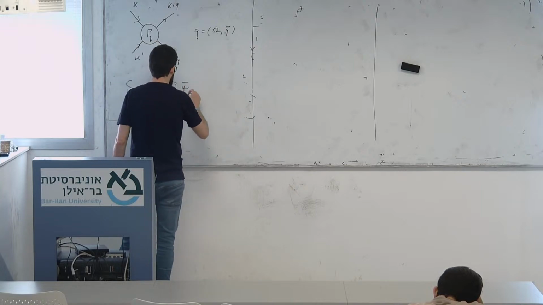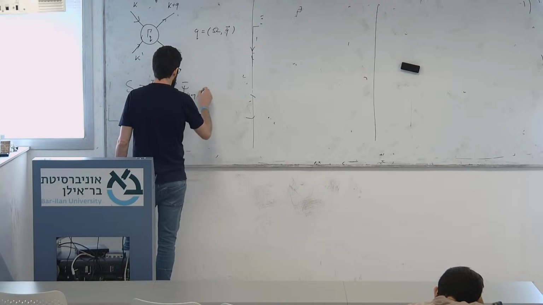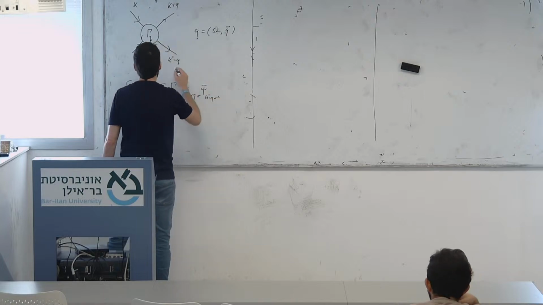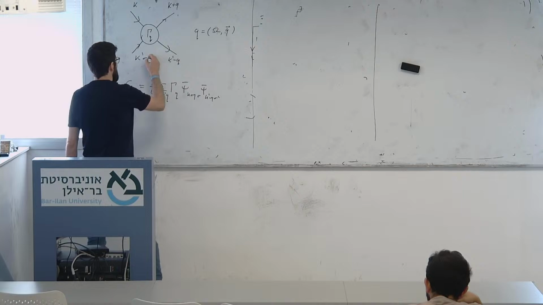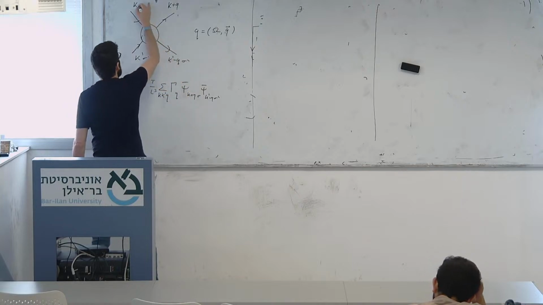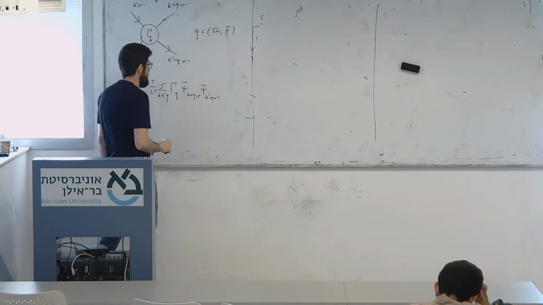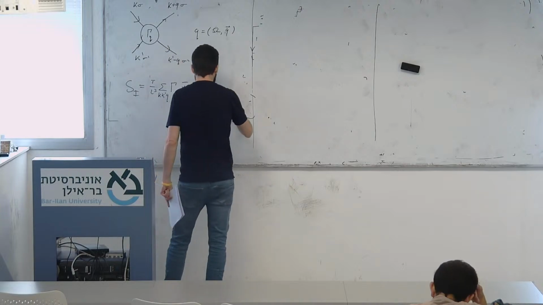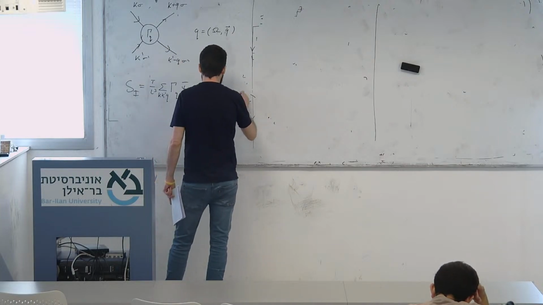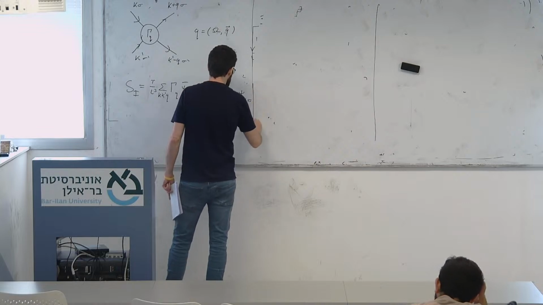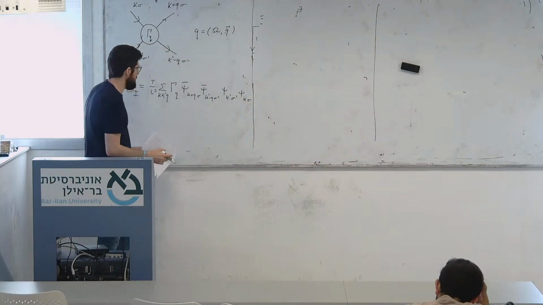Then we have psi bar of K plus Q sigma, psi bar of K prime minus Q sigma prime. These are the spin indices. Psi of K prime sigma prime, psi of K sigma. Okay, this is the general interaction.